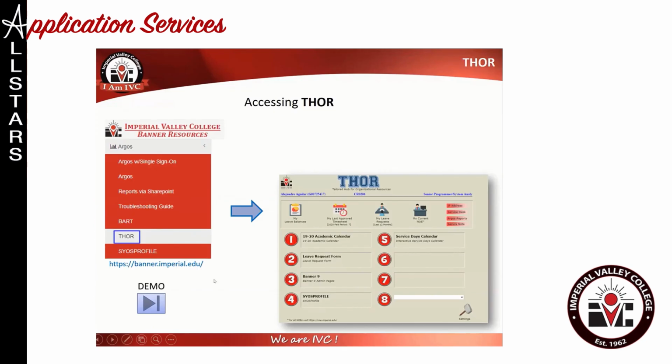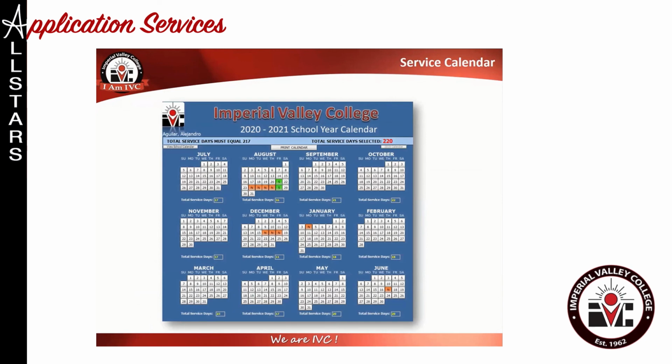Use Thor for your most used reports. It's a good tool, and it's going to save you time. Instead of looking for links on your desktop or in your email, you just go there and your link will be there. The next report that we're going to see is the service calendar.